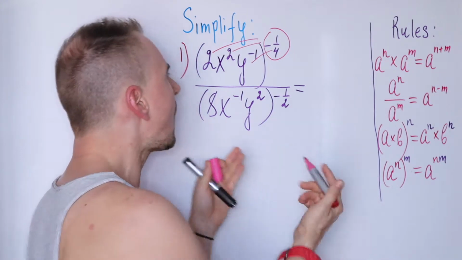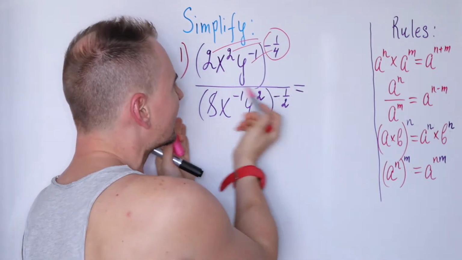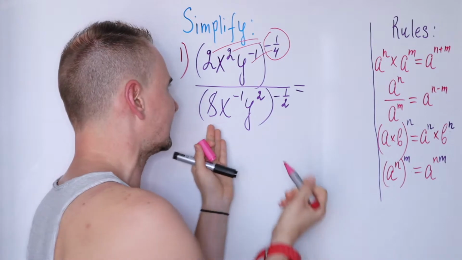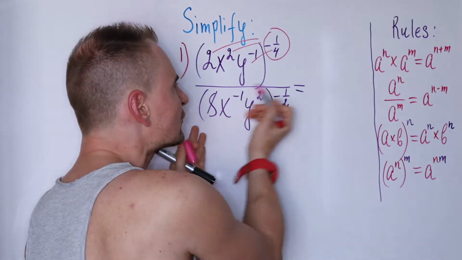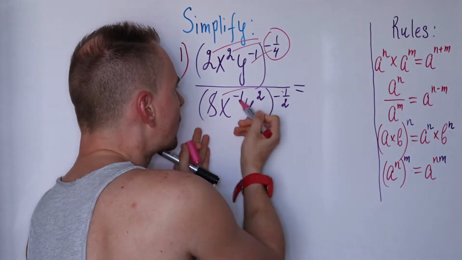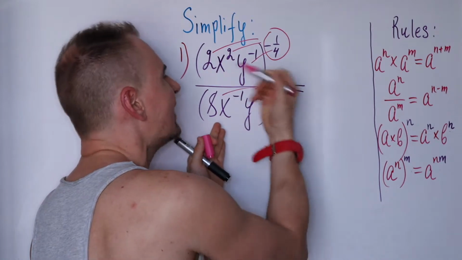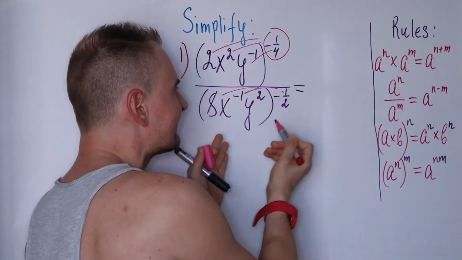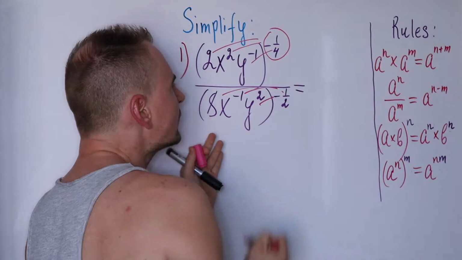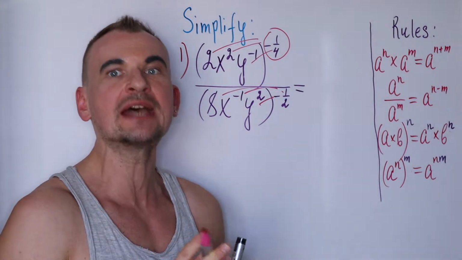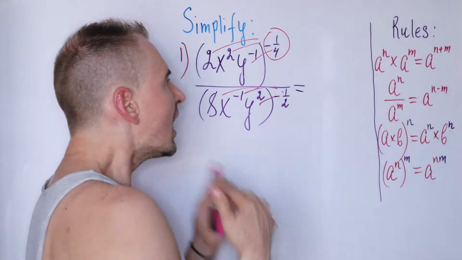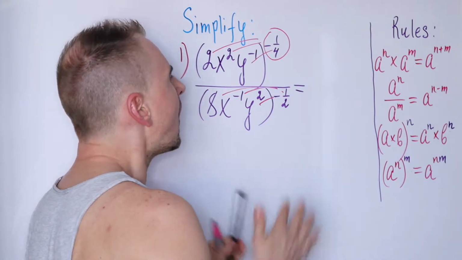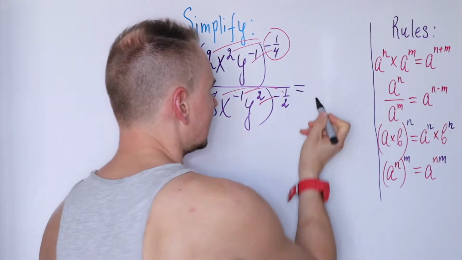Simultaneously, in one go, I'm going to do the same thing with my denominator, with my bottom. So I'm going to raise a to this negative a half. I'm going to raise this x to the negative 1 also to the negative a half power, and I'm going to raise this y squared to this negative a half power. So go ahead and let's do it.